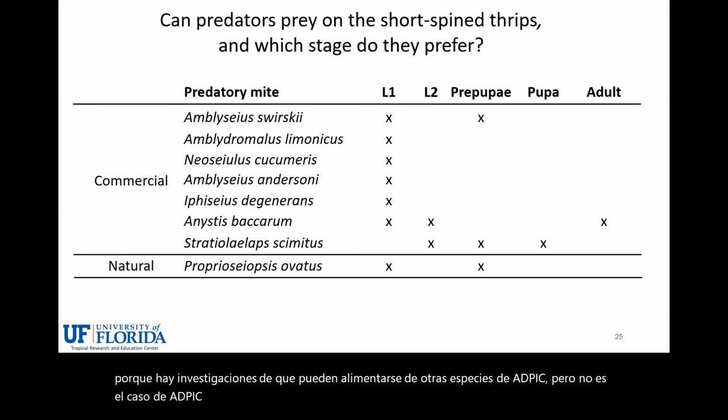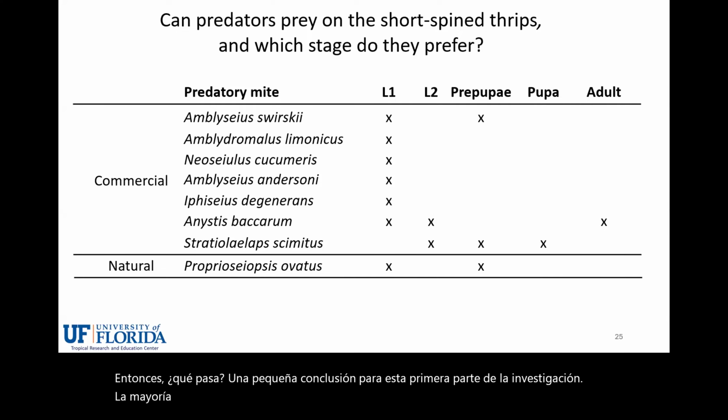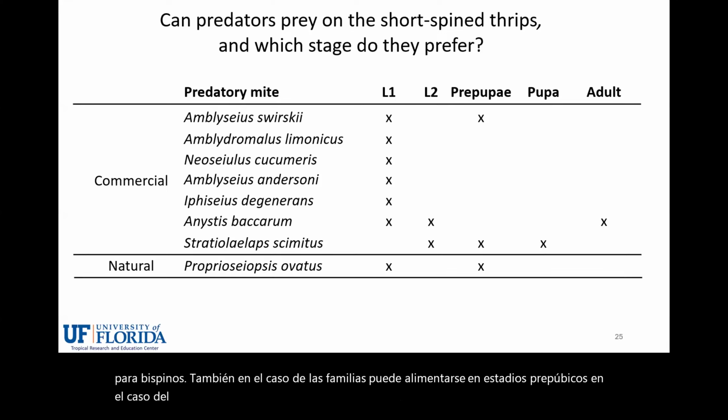So as a small conclusion for this first part of the research, most of the phytoseiid mites prefer first instar larvae of Thrips parvispinus. Also, in the case of Amblyseius swirskii, it can feed on prepupae stages. In the case of the predatory mite Amblydromalus limonicus, it prefers second instar larvae and also the adult stage.